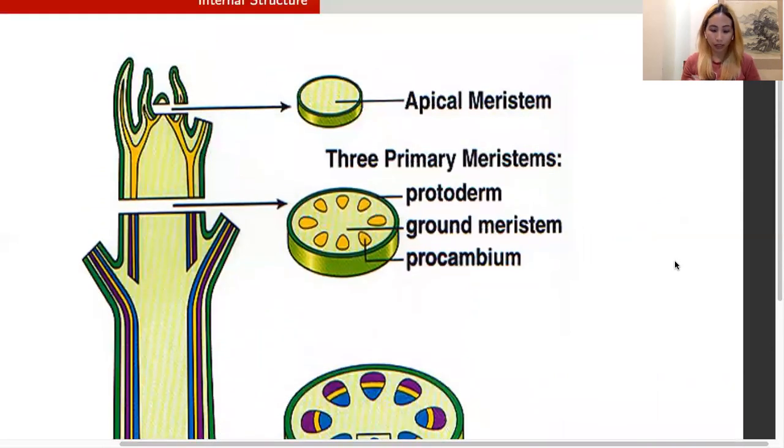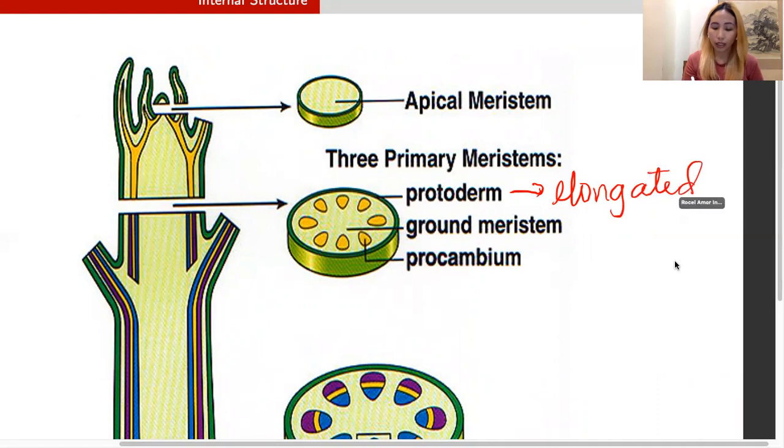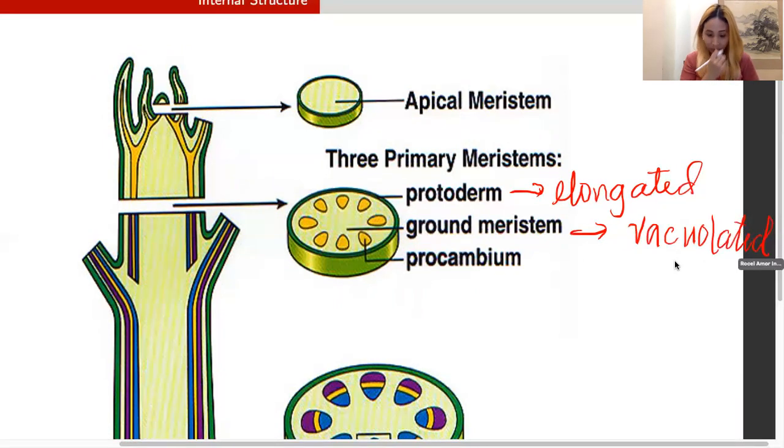Okay, so the protoderm becomes elongated, right? The ground meristem becomes highly vacuolated. And the procambium, you're going to see this as more of a strip.